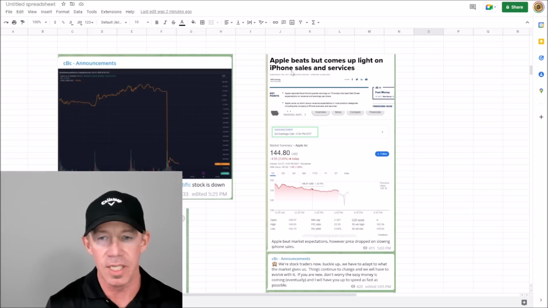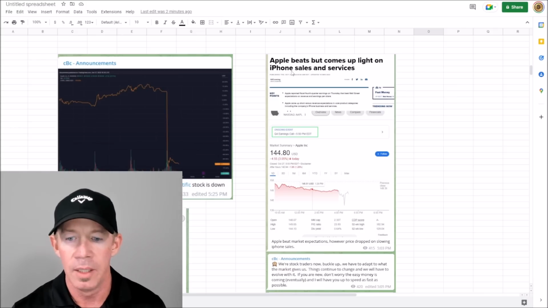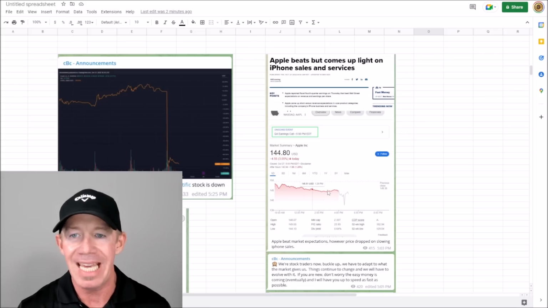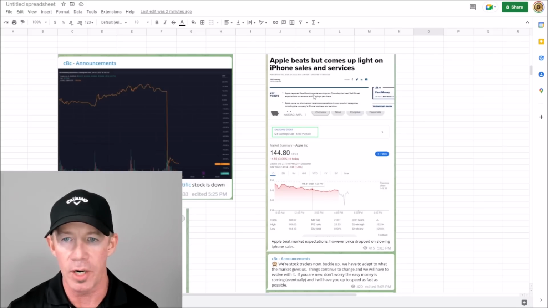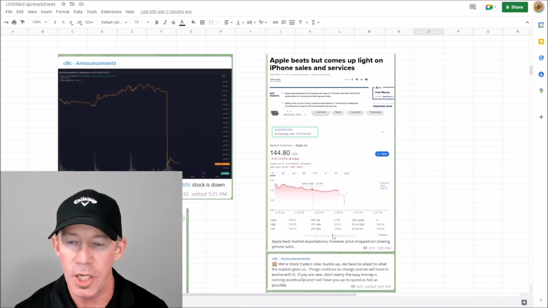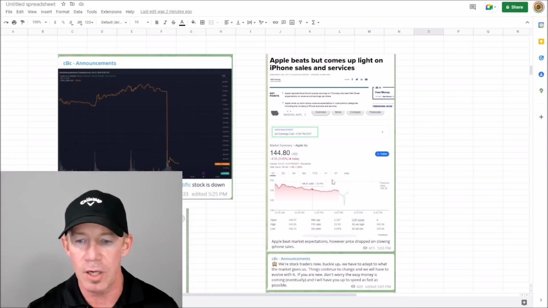China is in disarray, and Europe obviously has a lot of turmoil going on. So the price was actually dropping even though they exceeded market expectations on earnings, just based on the idea that they're going to make fewer iPhones. Everybody is super excited about the new iPhone coming out.